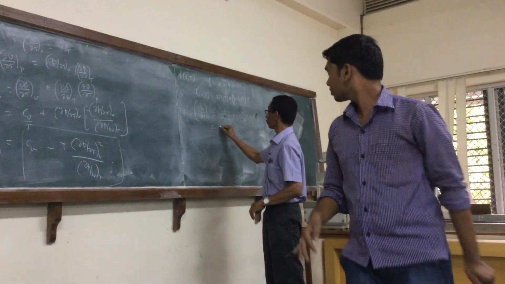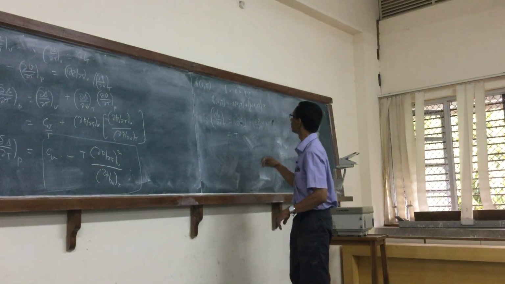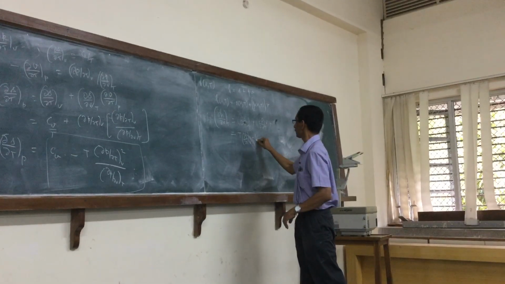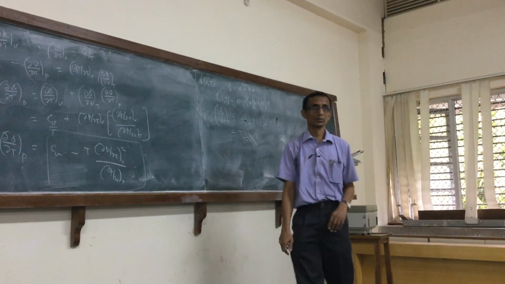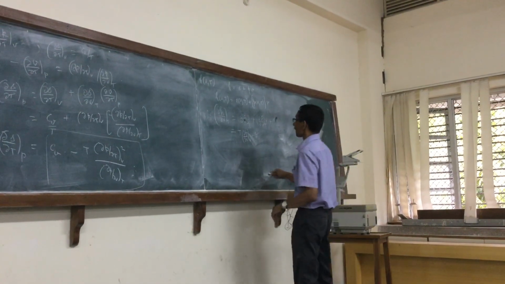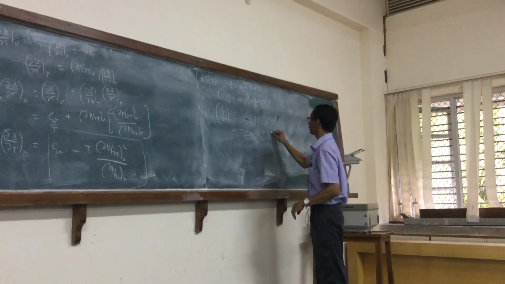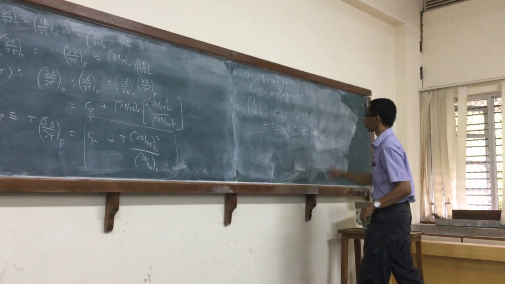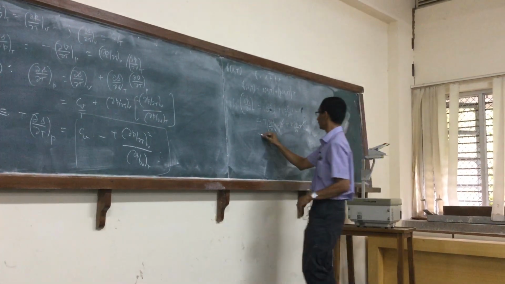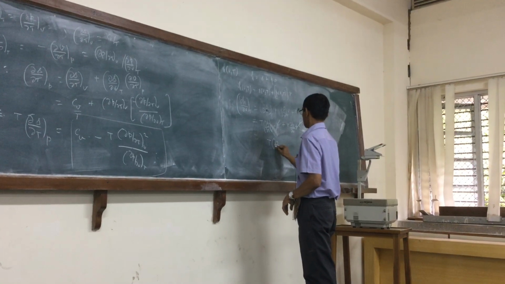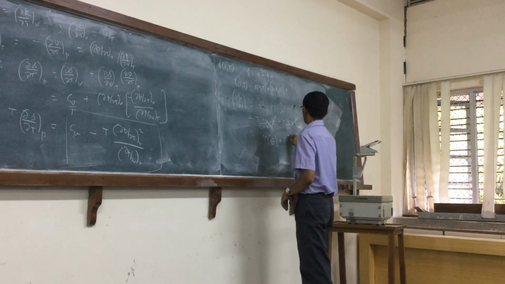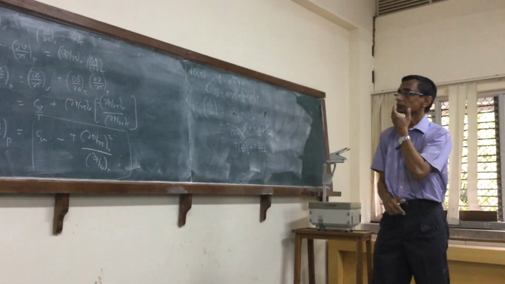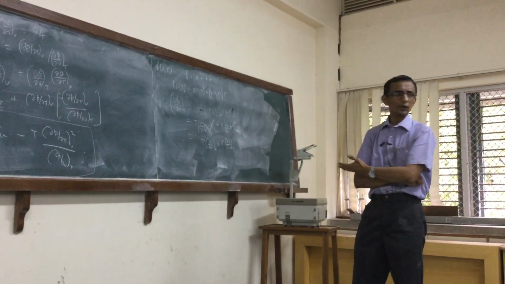So now I know that this is dE by dV at constant temperature, plus V dP by dV, plus P. That's all. There's nothing much to it.